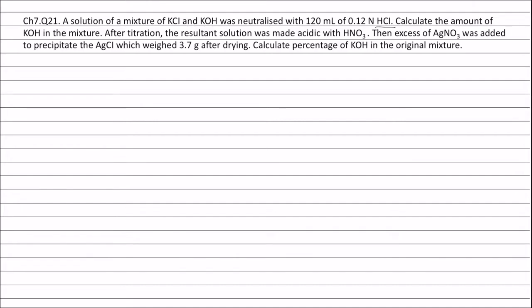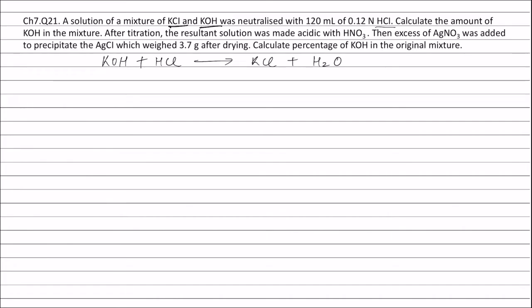When HCl is added to a mixture of KCl and KOH, only KOH reacts with HCl to form KCl. The reaction is KOH plus HCl forming KCl plus H2O. Milli-equivalents of HCl will be equal to milli-equivalents of KOH, which will be equal to milli-equivalents of KCl.